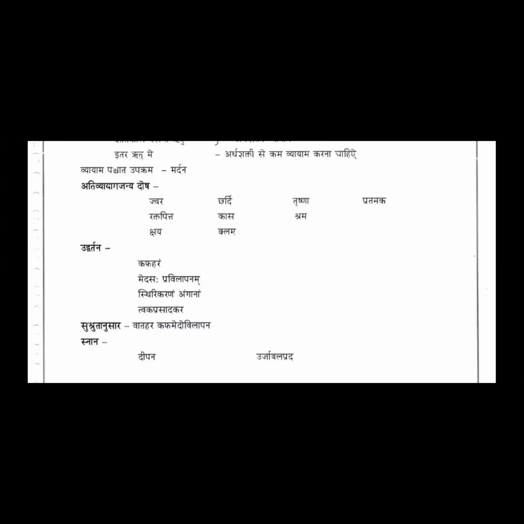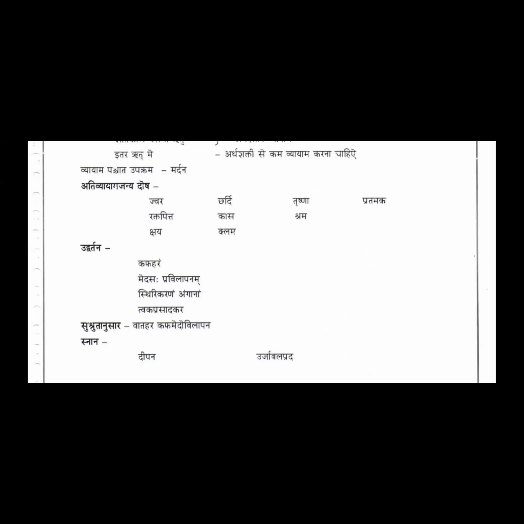Kafahara medasa pravilayanam, you will remember. Only sthirikaranam anganam is where you will get confused. So it is told for udvartana. And Sushruta has told it is also vatahara. Udvartana is also vatahara. Apart from kafamedo vilayana, it is also vatahara.